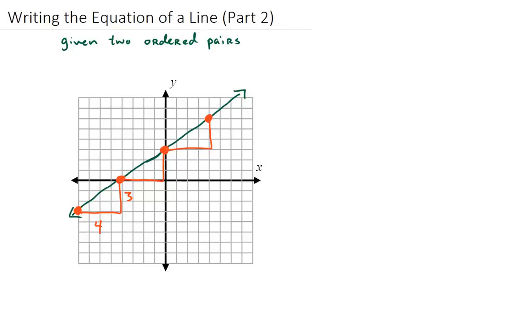And so with that, we can conclude that our slope, or m, equals 3/4. Remember, the x number is the number on bottom. The change in x's is on bottom, and the change in y's is on top. So we go over 4 x's, and we go up 3 y's to get from one point to the other. And we can determine our slope that way.